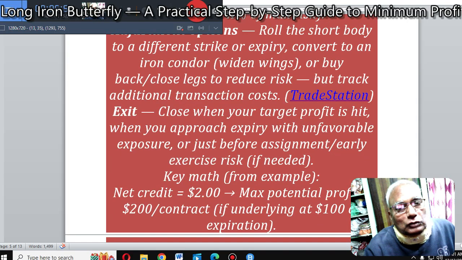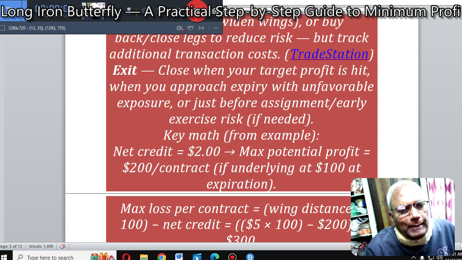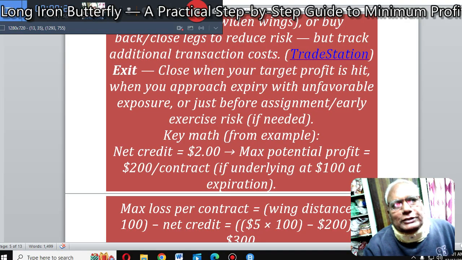Exit. Close when your target profit is hit, when you approach expiry with unfavorable exposure, or just before assignment and early exercise risk if needed. Key math from the example: net credit equals $2, maximum potential profit $200 per contract if the underlying is $100 at expiration.